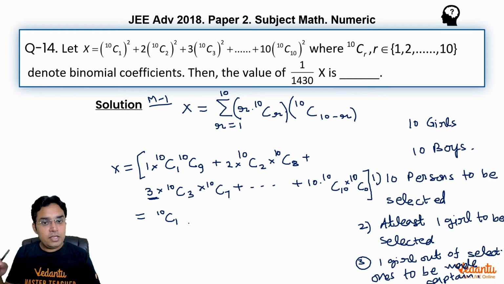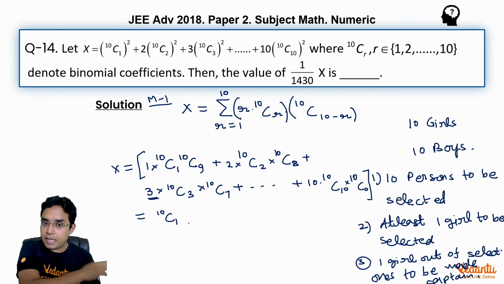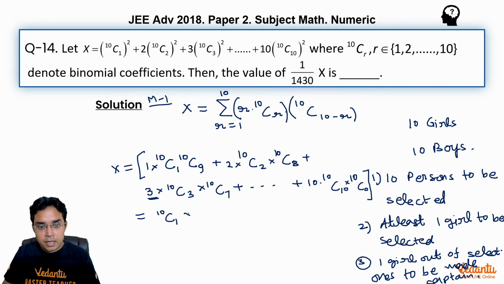In fact, we still need 9 more persons to be selected because we have already selected one girl and made that the captain. So from the remaining 19 persons, we need to select 9 persons. It can consist of girls and boys in any combination. So this value of x can be written directly as 10C1, that is 10 only, into 19C9. This is one part.